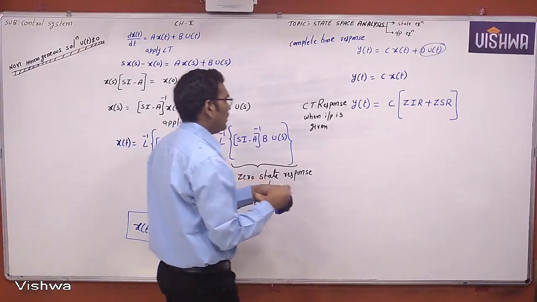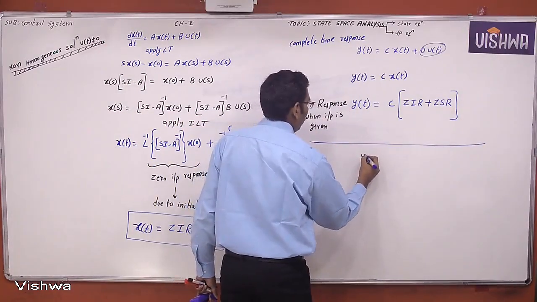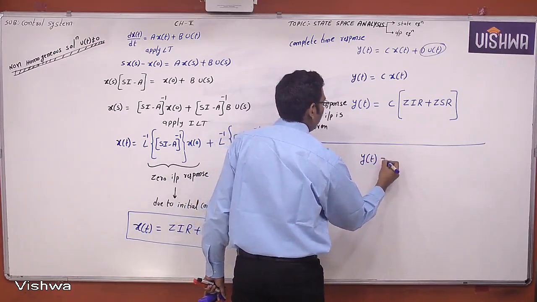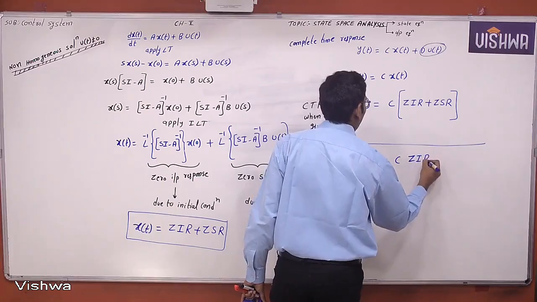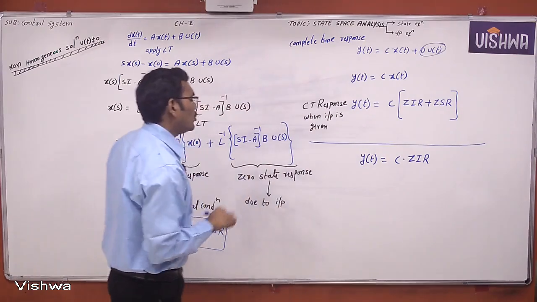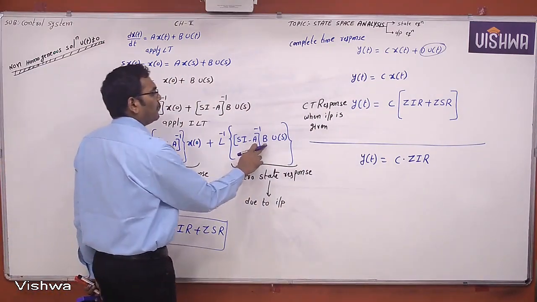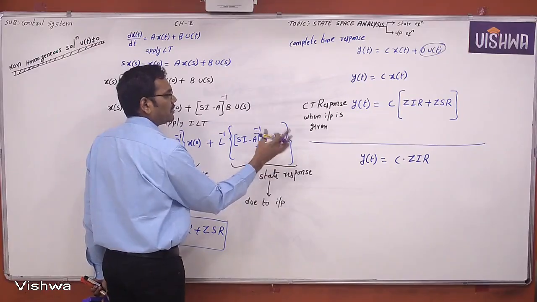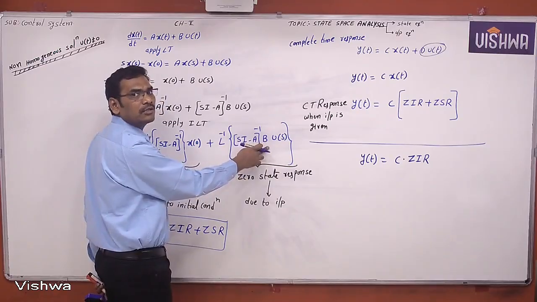Now you tell me, Y of t is equal to C into only the zero input response. Then there is no zero state response. When there is no zero state response, tell me, if input is not there, if u of t is not given, u of t is not there means B is also not there.